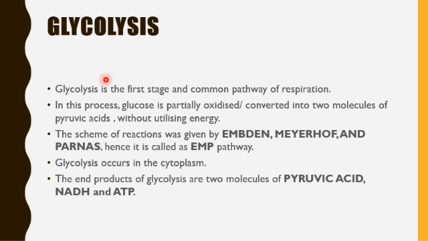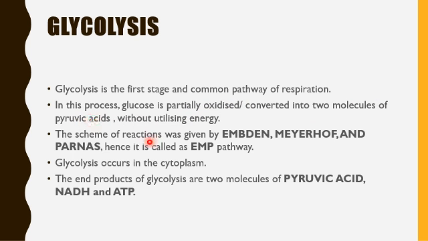It is the first stage and the common pathway of respiration. In this process, glucose is partially oxidized or converted into two molecules of a 3-carbon compound, that is pyruvic acid, without utilizing energy.